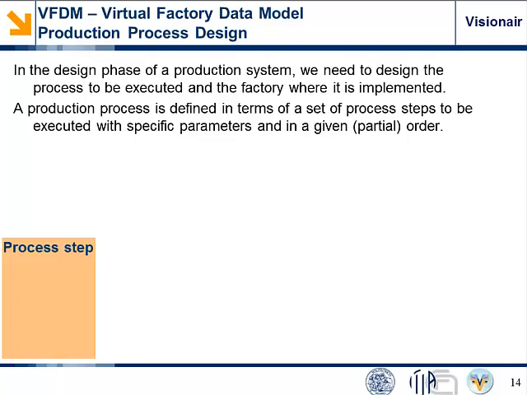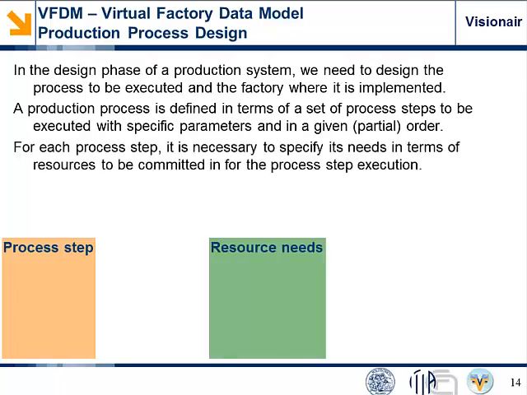As I said before, those process steps are usually provided in a partial order, because sometimes you have some freedom of choosing the sequence in which those process steps are going to be executed.